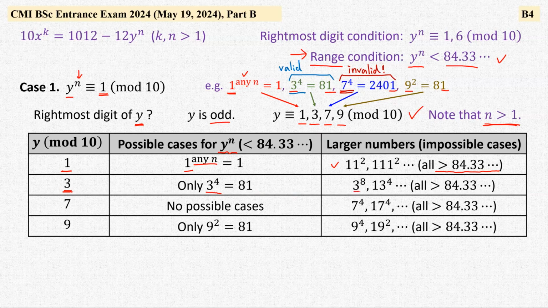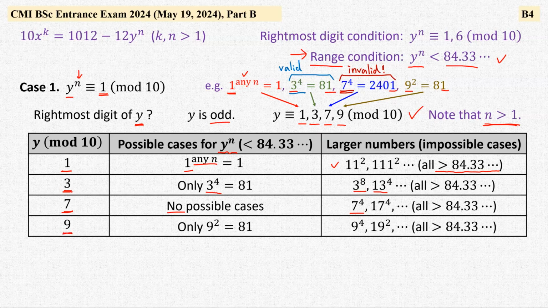You see, the next smallest case with base 3 is 3 to the power of 8, which is obviously greater than 84.33. And if we try another base such as 13, the smallest possible value 13 to the 4th power is also greater than 84.33. As for the case where y ends with 7, then there are no possible cases, because the smallest power of 7 that ends with 1 is 7 to the power of 4, which is greater than 84.33.